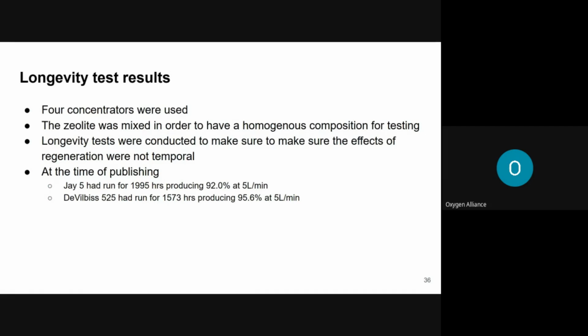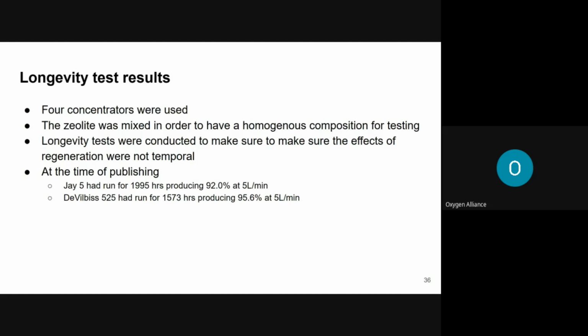We had a DeVilbiss 515 and a Longfian J5, which use sodium-based zeolite, and we had 2 DeVilbiss 525 model concentrators. Before running tests on these machines, we had to make sure that they were performing above standards. So we refilled them with new zeolite that we purchased from a supplier, and then tested them out. Once we saw that they were performing above standard, we fitted them with the regenerated zeolite and started the experiments.